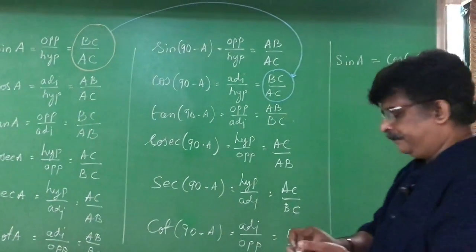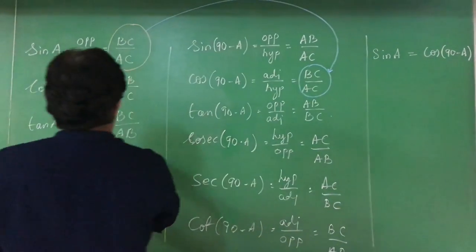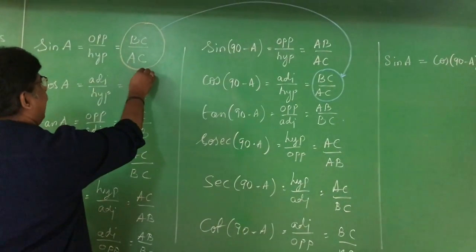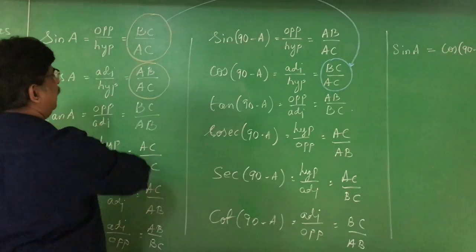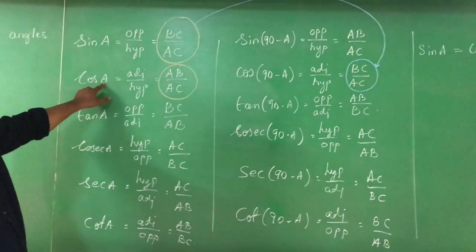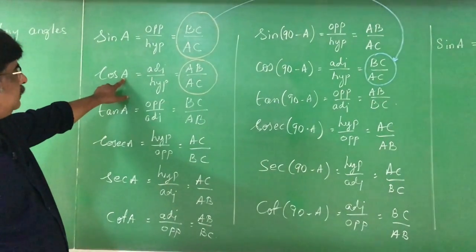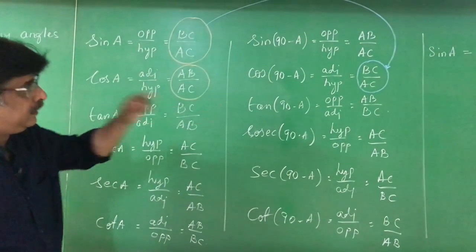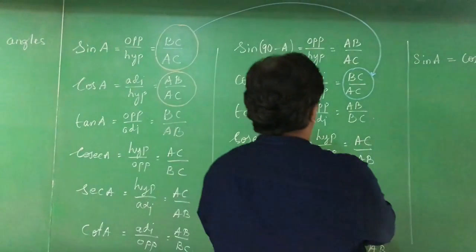I go back again. Now I mark AB by AC. AB by AC is for cos A. Now I search where is AB by AC in that line. AB by AC is here.